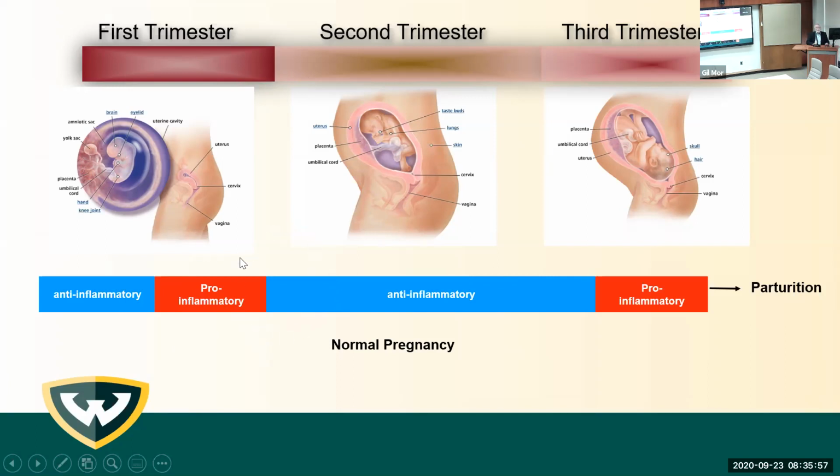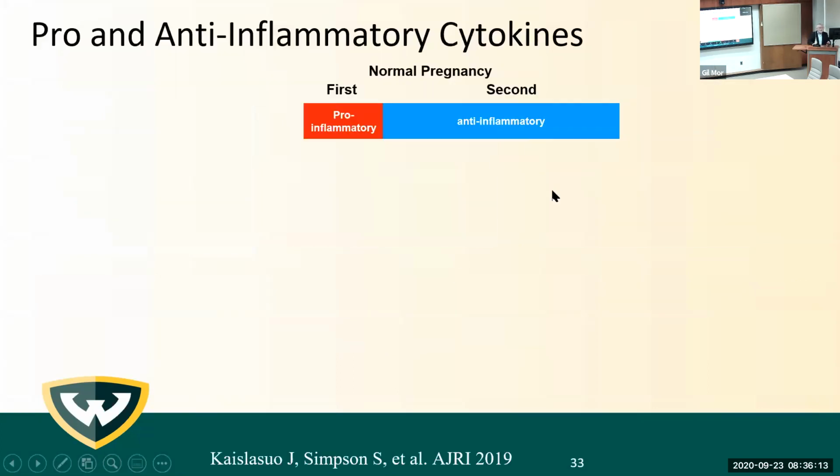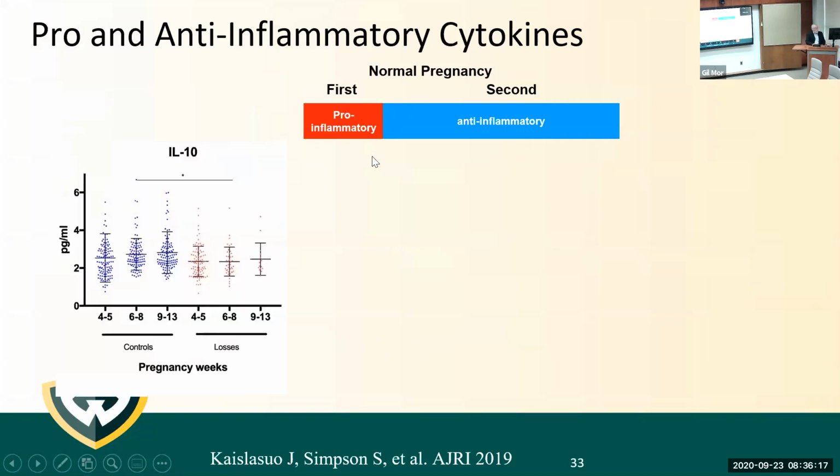This and only this stage of anti-inflammation is what allows the formation and the growth of the placenta, a critical evolutionary stage for what we are today. Again, as I mentioned, this is what makes the placental species in development, the first trimester and second trimester.